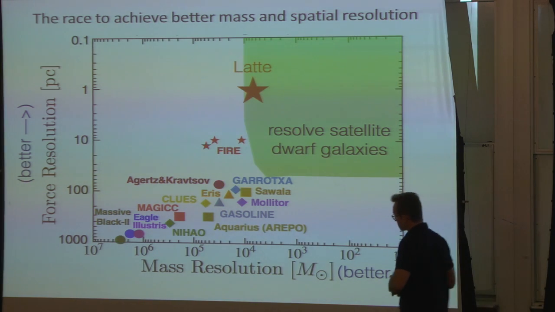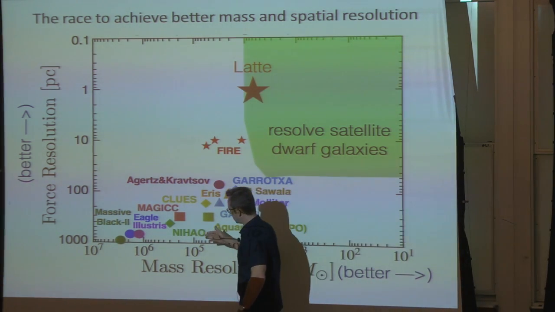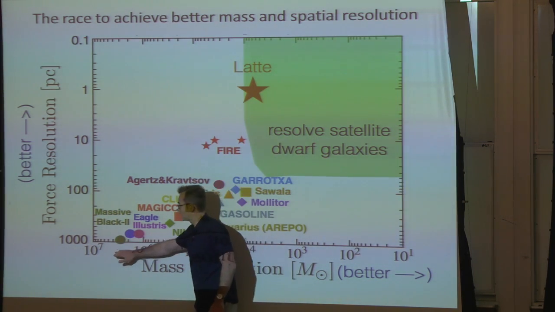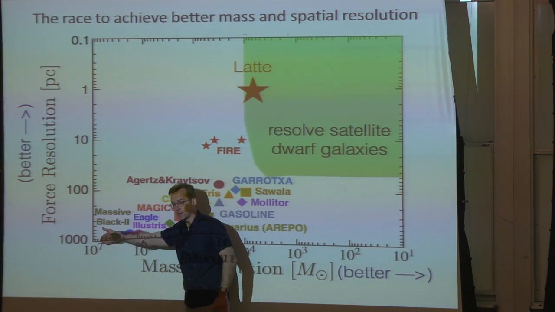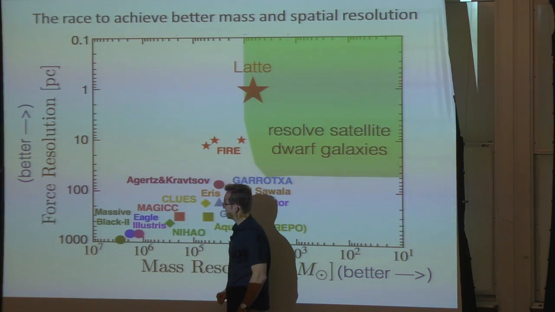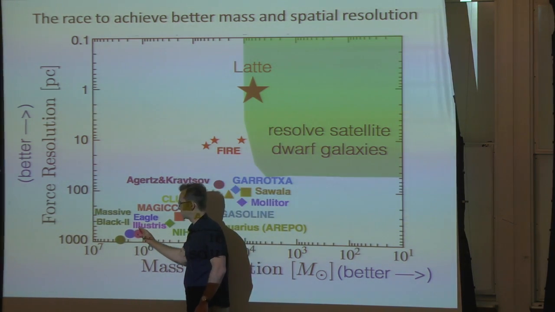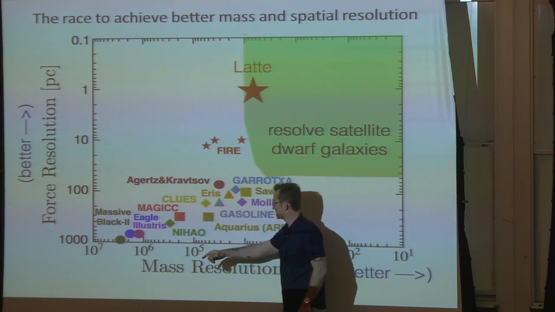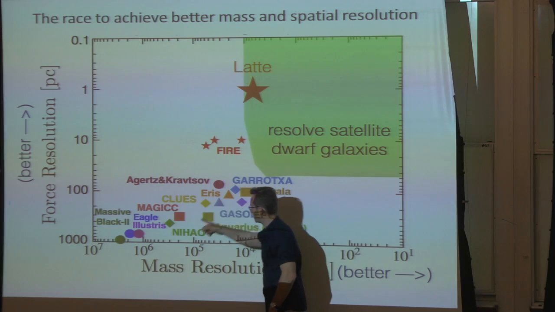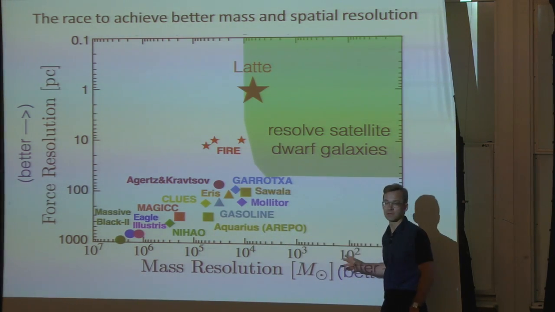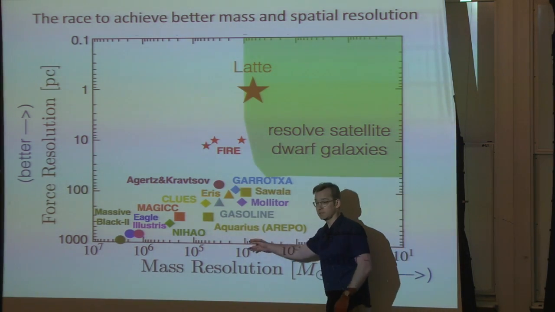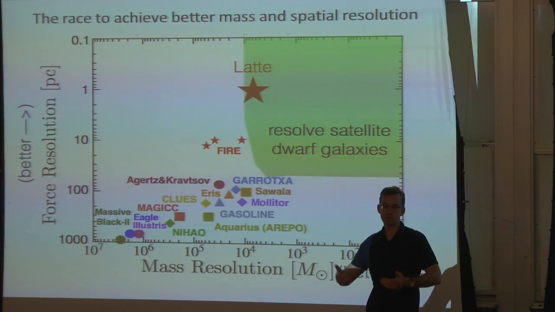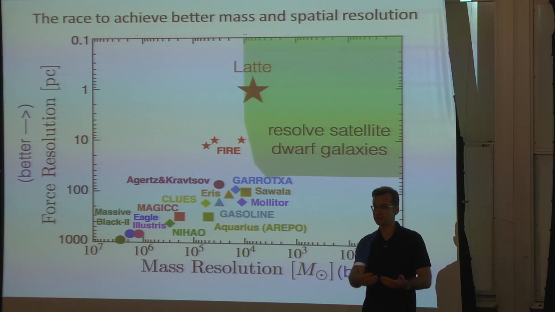The examples of simulations in this plot with the worst mass resolution and the worst spatial resolution were done in the early to mid 2000s. And there has been progress in the last 10 years, even less than 10 years, moving up in scales. And this is a logarithmic scale. So a factor of 10 here means a factor of 10 more particles, a factor of 10 more memory you need, and a factor of 10 more computing time you need to spend.